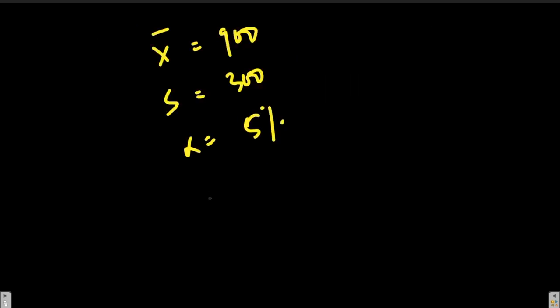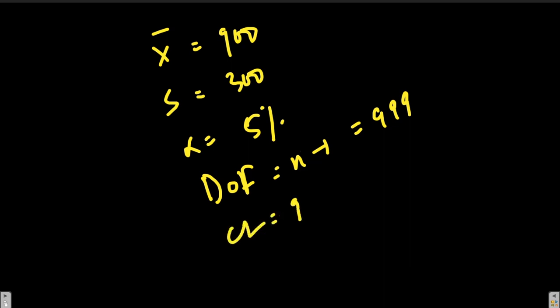If you remember, for the t-statistic the degrees of freedom is n minus 1, which is 999. And of course we are given the confidence level, CL, 95%.